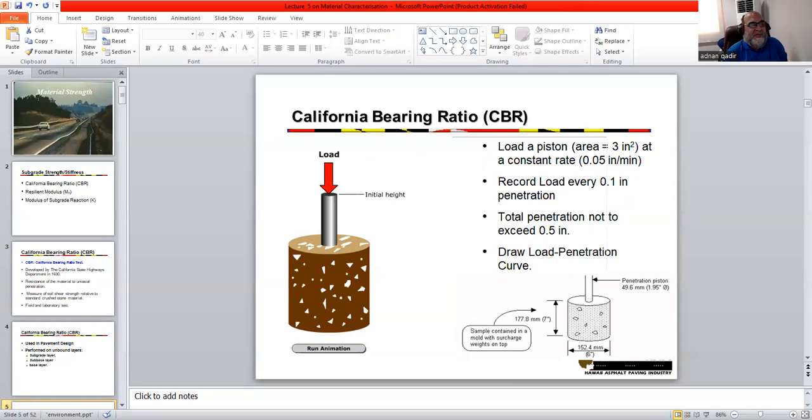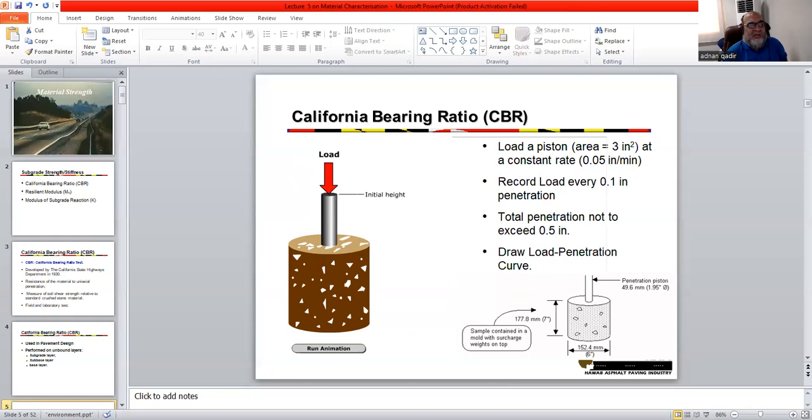Once the sample is prepared in a cylinder, we load a piston at a constant rate. That piston is the external load applied on the prepared soil sample. And we record the resistance in terms of the load at every 0.1 inch penetration.